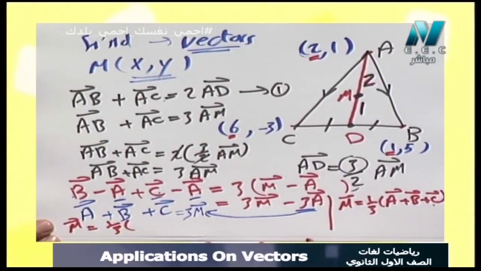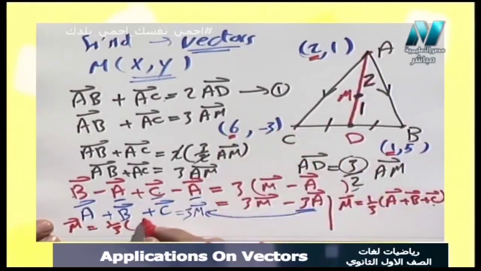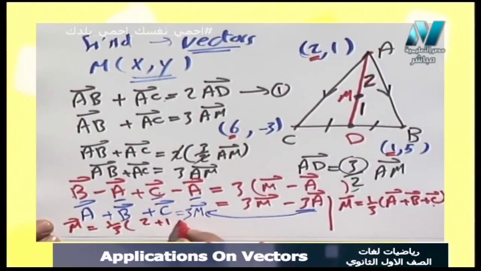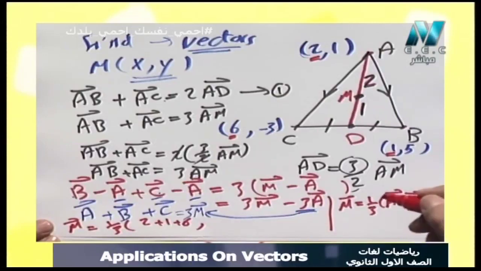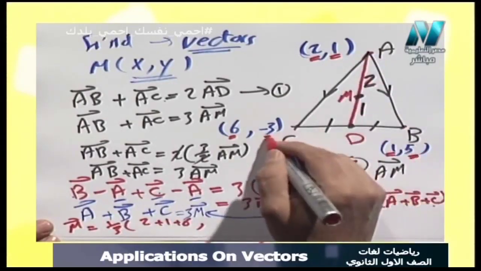So we move to 2 plus 1 plus 6, and y equals 1 plus 5 plus negative 3.